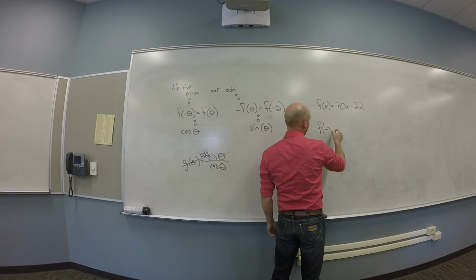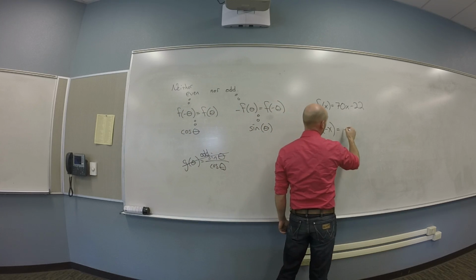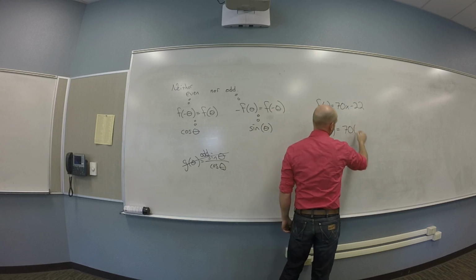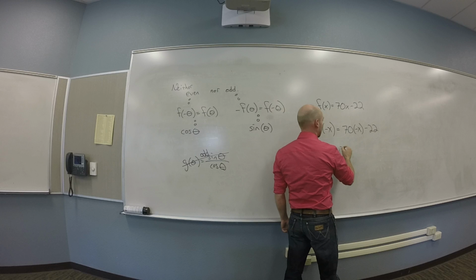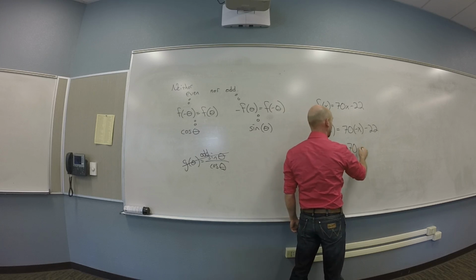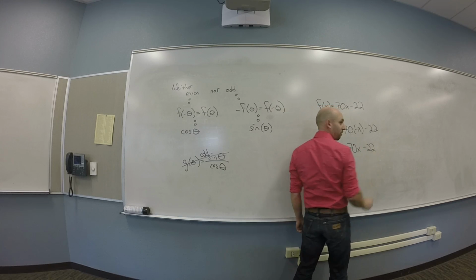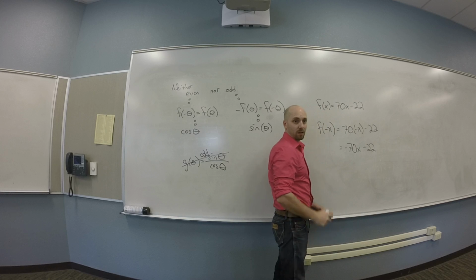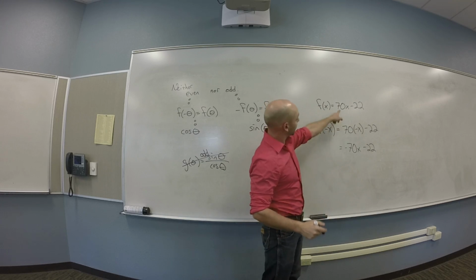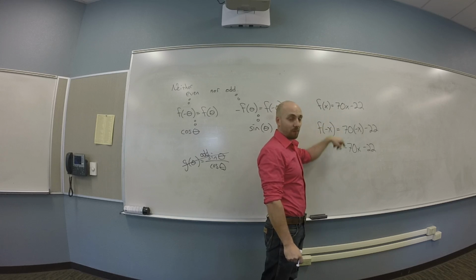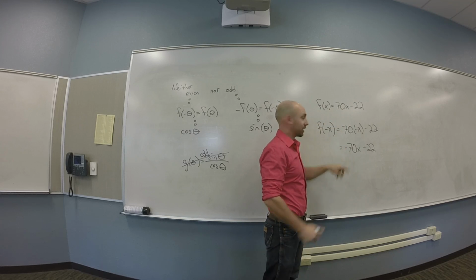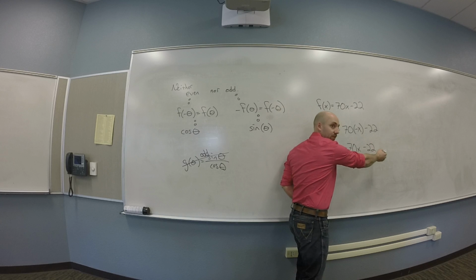So if I do f of minus x, I'd get 70 times minus x minus 22, so that would be minus 70 times x minus 22. On the one hand, this isn't what I started with. And on the other hand, it's not even minus what I started with, because that would need parentheses like this, right?